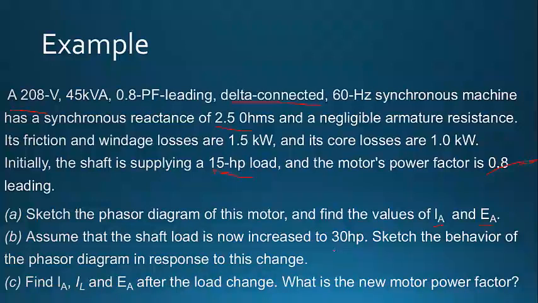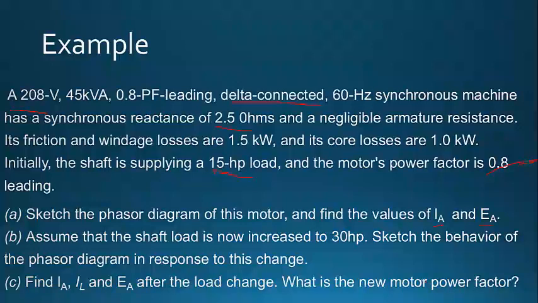They say that we should draw the phasor diagram. But before we can draw this phasor diagram, we need to know the current and the EA, because without that we will not be able to draw a precise phasor diagram. So I urge all of you to solve part C of the question before you come and do part B, because part C says that you should find the IA, IL, EA, and then find the power factor of the load or the machine.